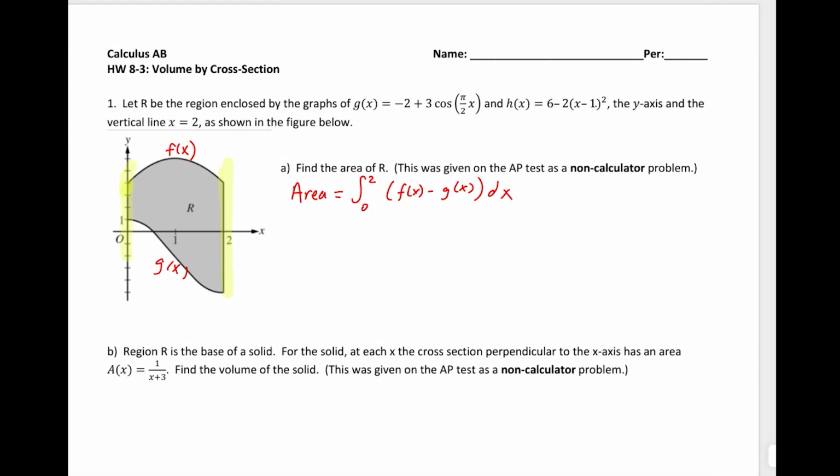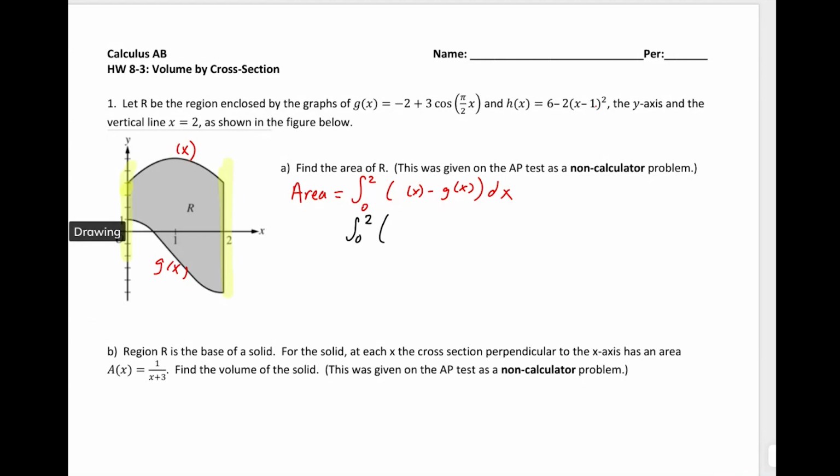So that is how we're going to calculate the area of R, but we are going to have to go a little bit further and actually find the antiderivatives of this difference and substitute in 2 and 0 and simplify as much as I think would be reasonable. So yeah, let's go ahead and integrate this. Actually, before I integrate, I'm going to rewrite this since we're going to have to do this by hand. Oh wait, it's not f and g. What am I doing? It's g and h. There's no f here.